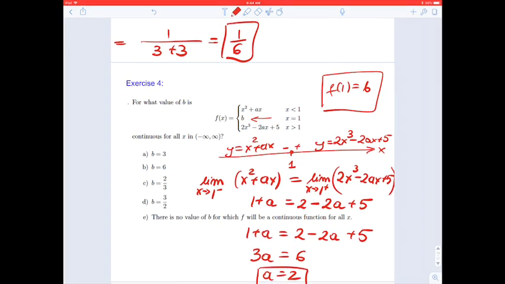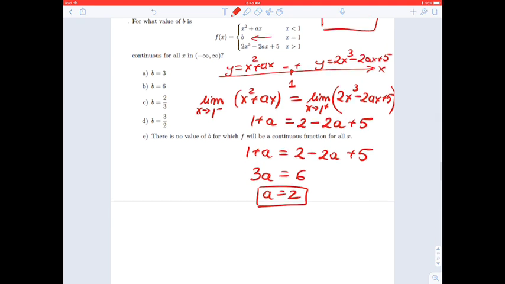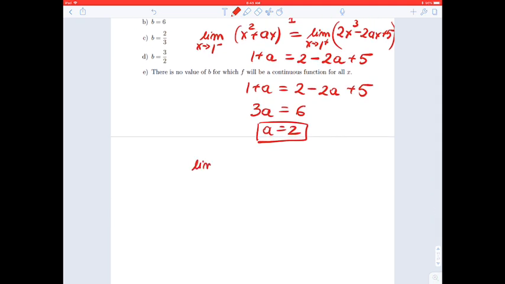But what I know is that the limit on the left must be the same like the limit on the right hand side, and must be the same like the value. Okay. Limit as x goes to 1 on the left hand side, the same like the limit on the right hand side, and the same like the value, which is b.